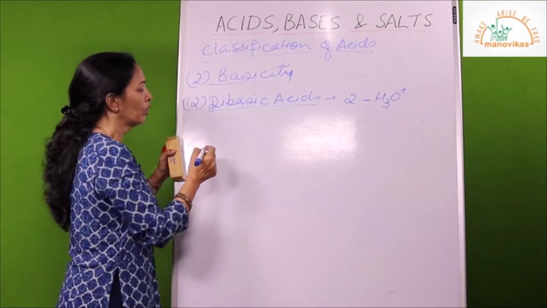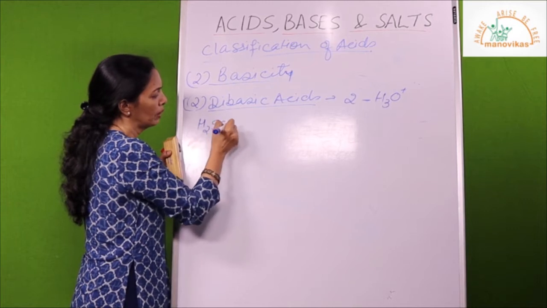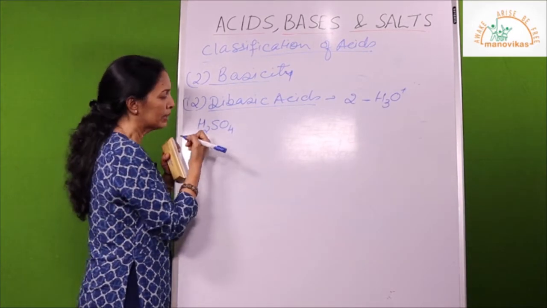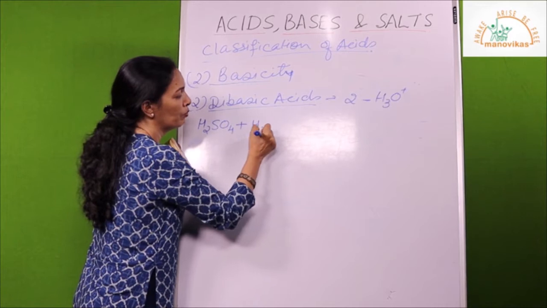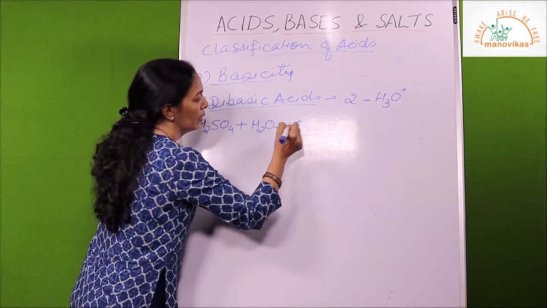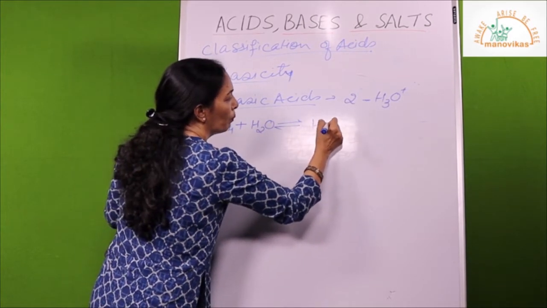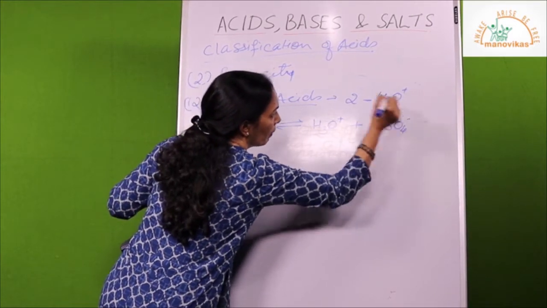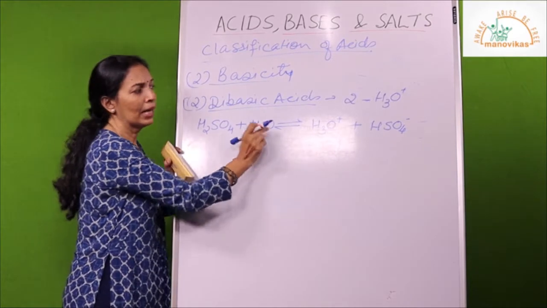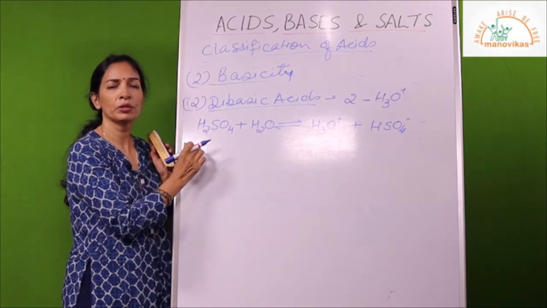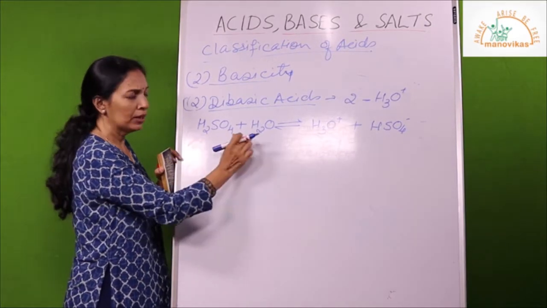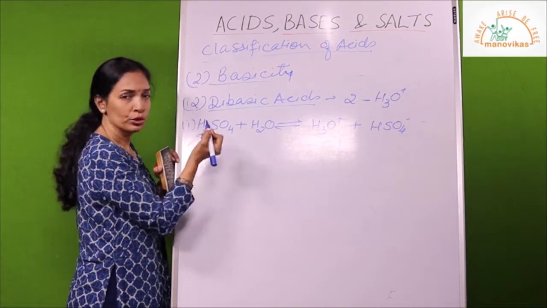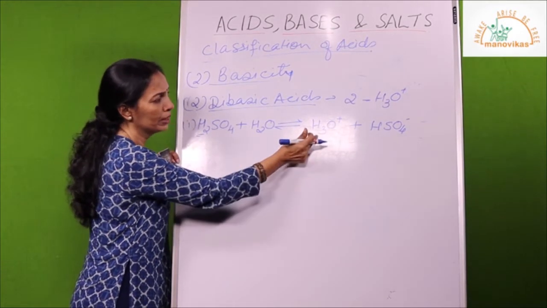Okay. So H2SO4, sulfuric acid. When sulfuric acid is dissolved in water, it gives H3O plus hydronium ion plus HSO4 minus. So at a time only one replaceable hydrogen ion is replaced. In the first step, one hydrogen from here has come out and made H3O plus.